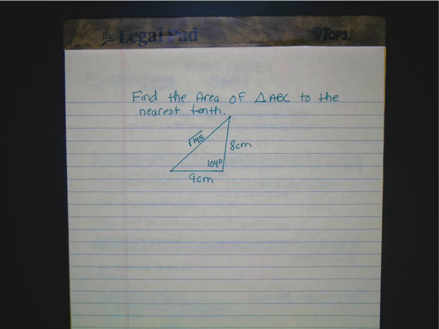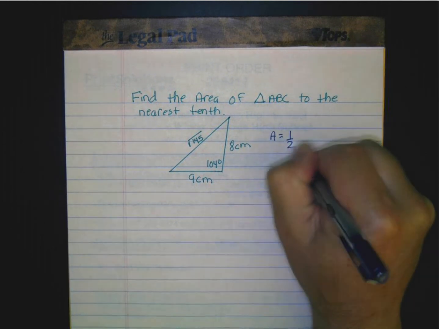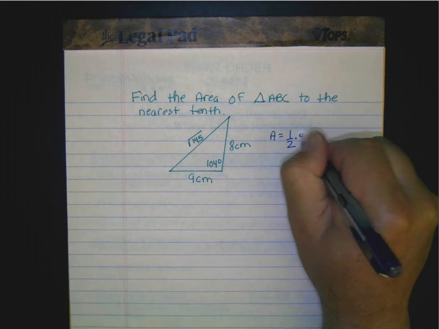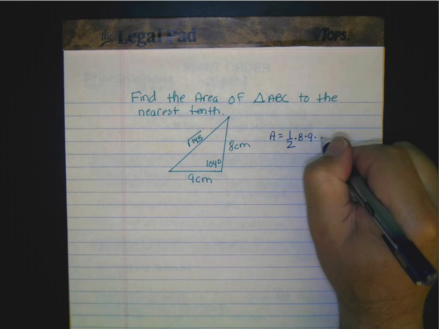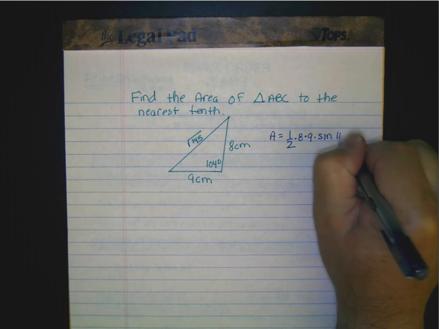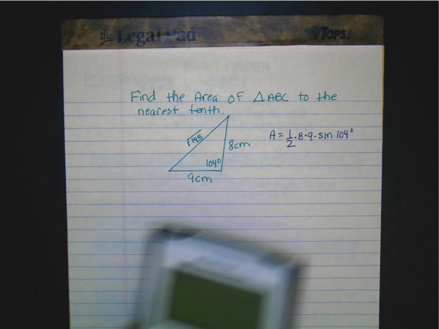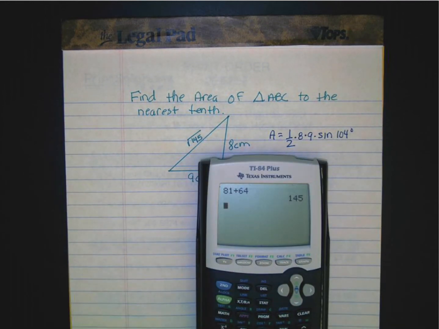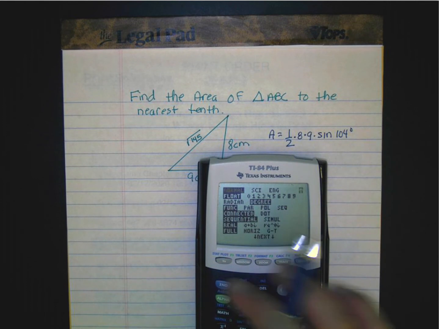All right, so we're going to do area equals 1/2 times 8 times 9 times the sine of 104. Make sure you do a degree check. It depends what you're using. Make sure your calculator's in degrees. See, degrees. I'm good.